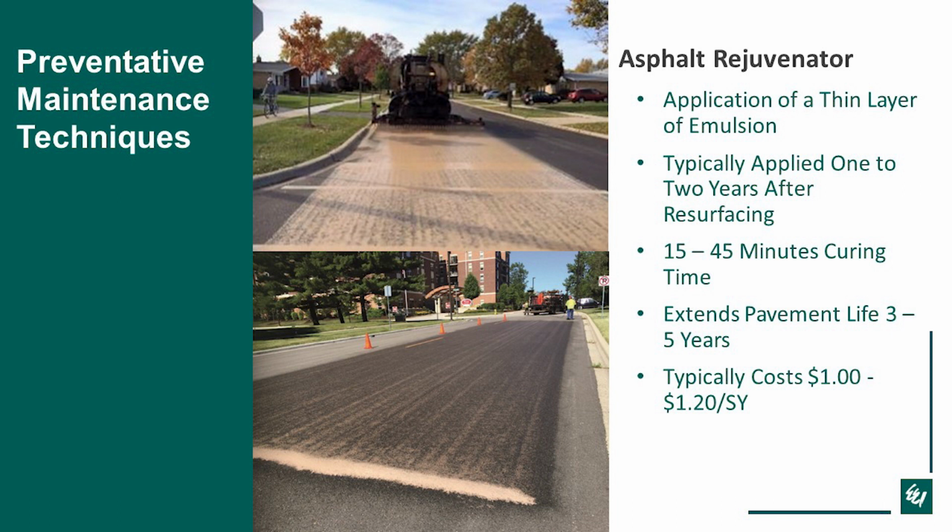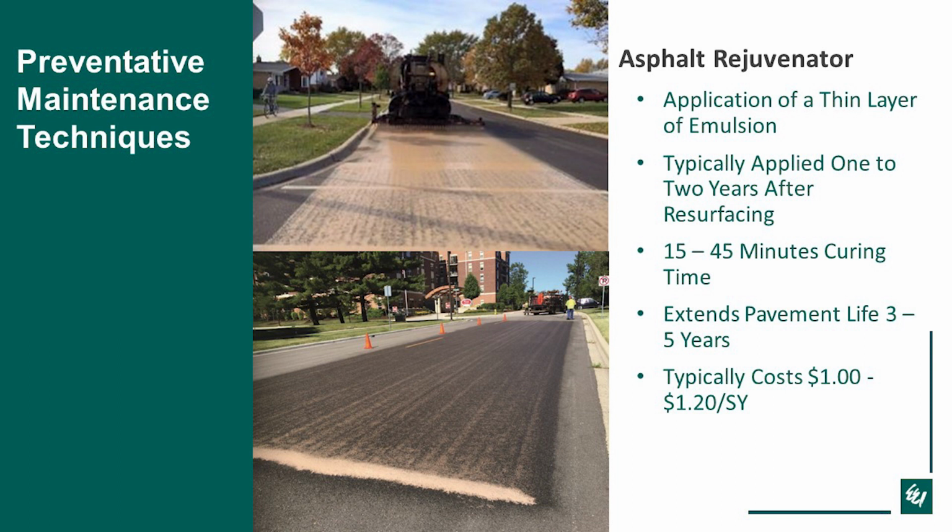After they place that layer of emulsion, they typically spread sand across the road, and the sand is for traction purposes mostly, because it gets pretty slippery when you put the emulsion on. This is typically applied 1 to 2 years after resurfacing, so it's something done when your PCI is still pretty high. It's a way to extend the life and change that curve, as Tim had talked about.